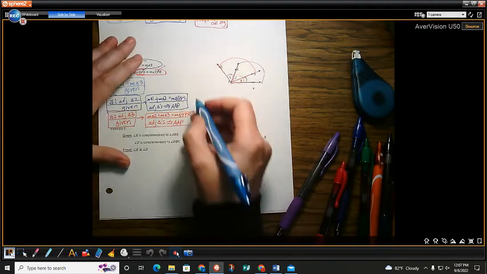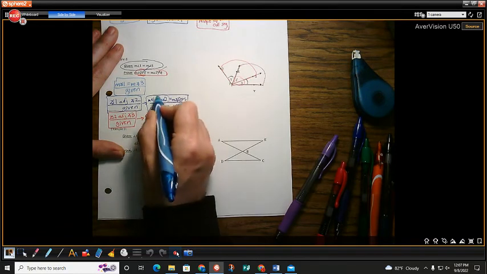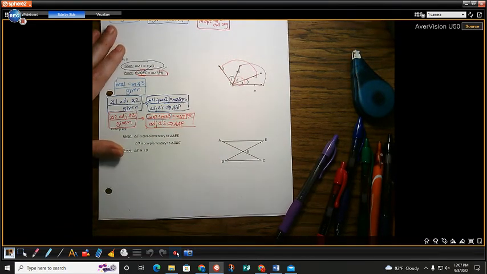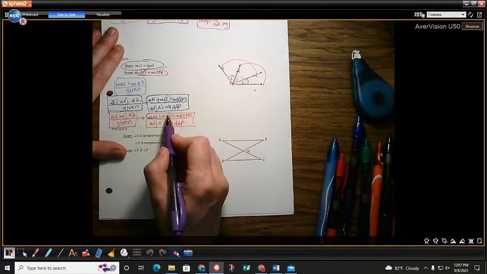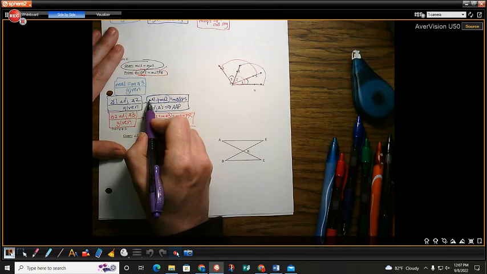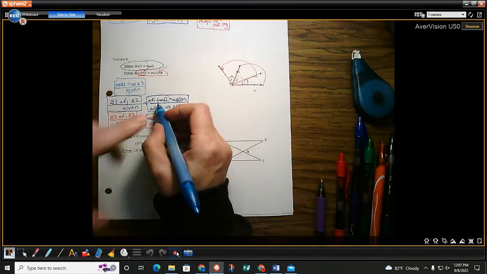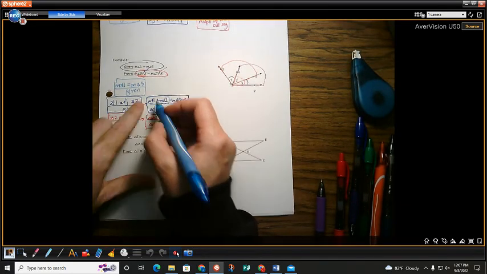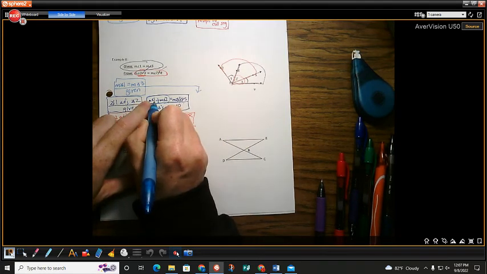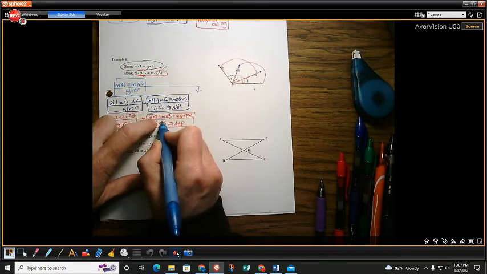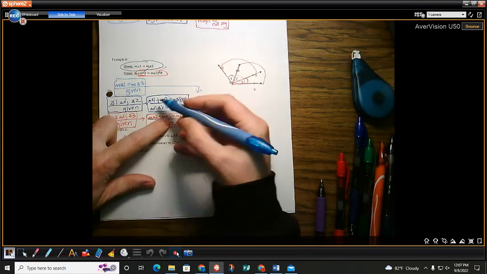Transitive property. And I would love to use the transitive property, but are these two things exactly identical? No. They would be identical, but one of them has a 3 and one of them has a 1. But the substitution property says that I can replace something in this one to make it match the other one. So they already both have a 2, but the red one has a 3.